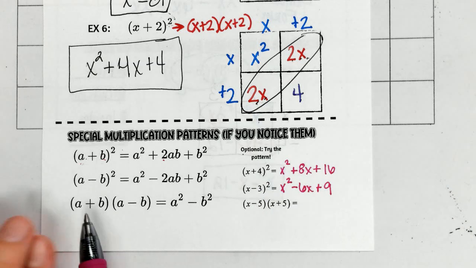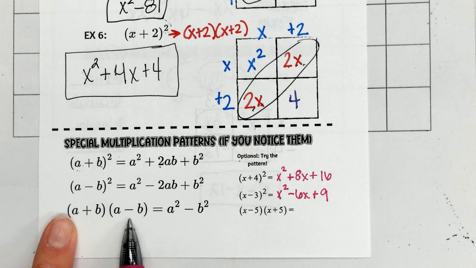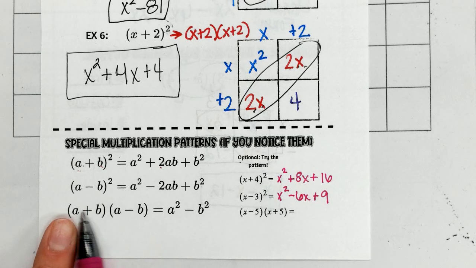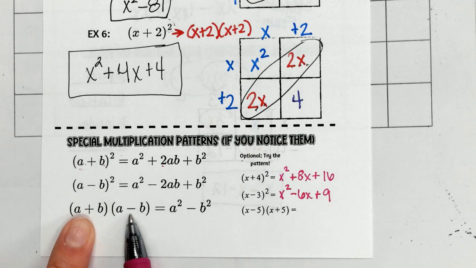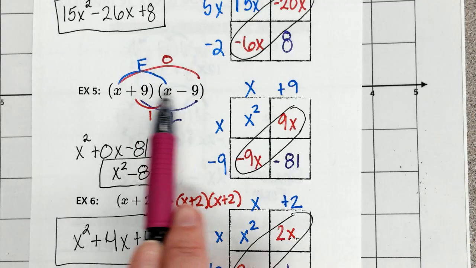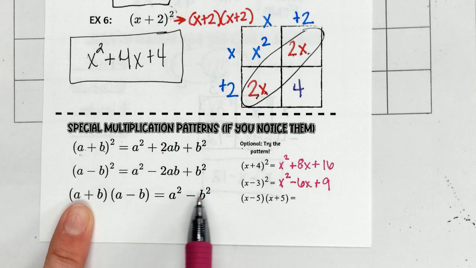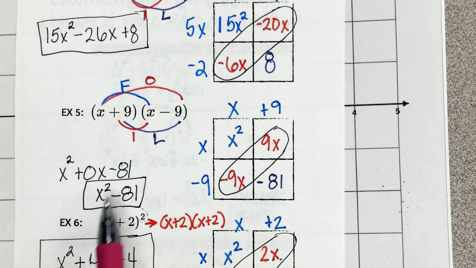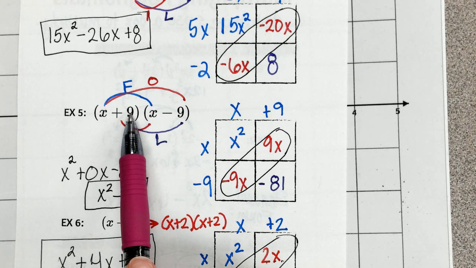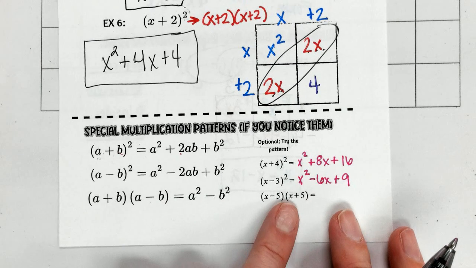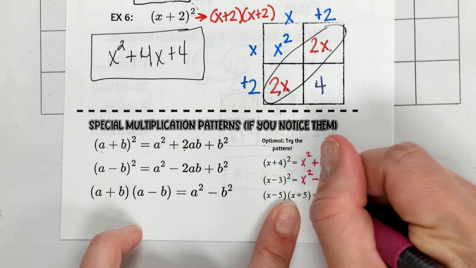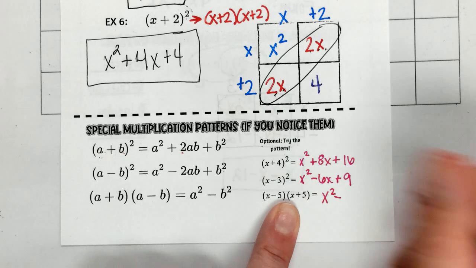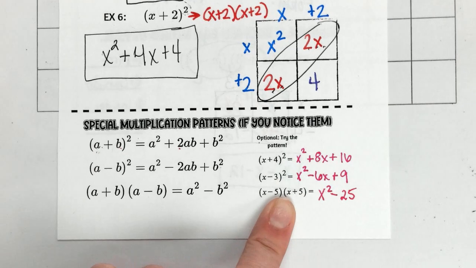And then the last special pattern is if I have the same binomial that I'm multiplying, but one sign is a plus and one sign is a minus, like example 5. The trick there is that there is no middle term. It's just a squared minus b squared. Like this one ended up being x squared minus 9 squared. So this one would just be x squared minus what? 25. Okay?